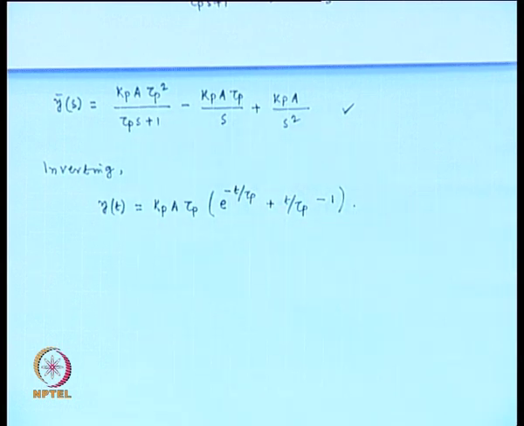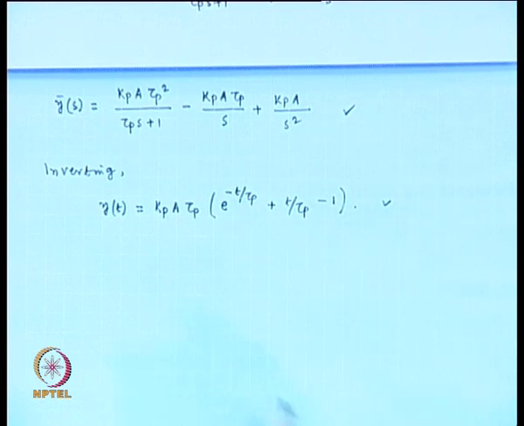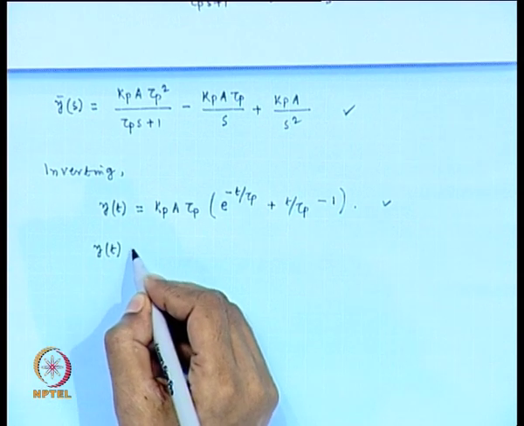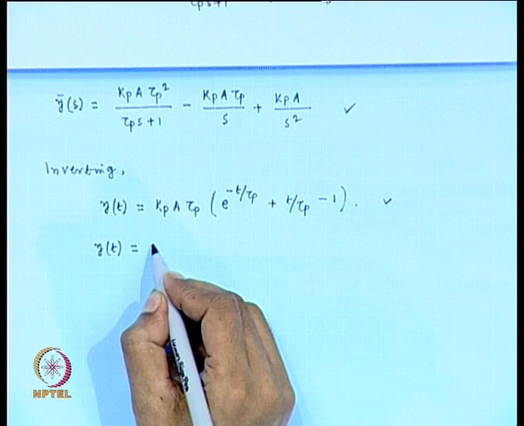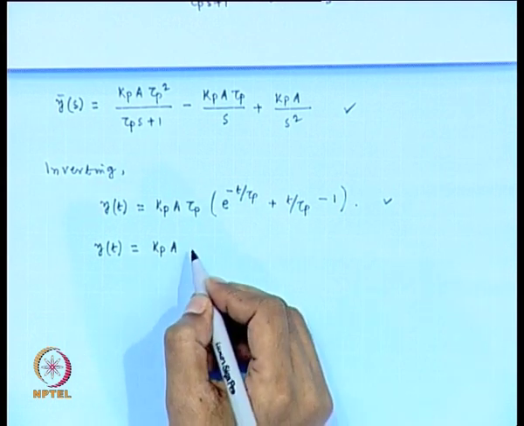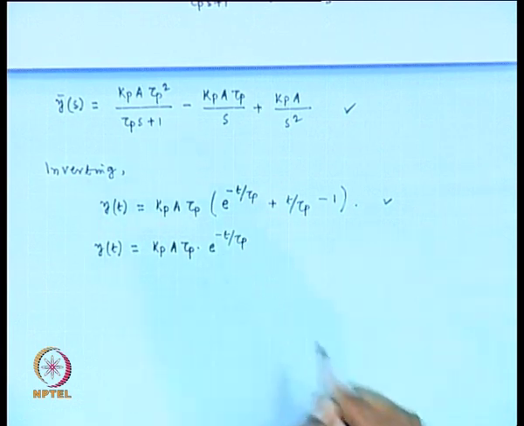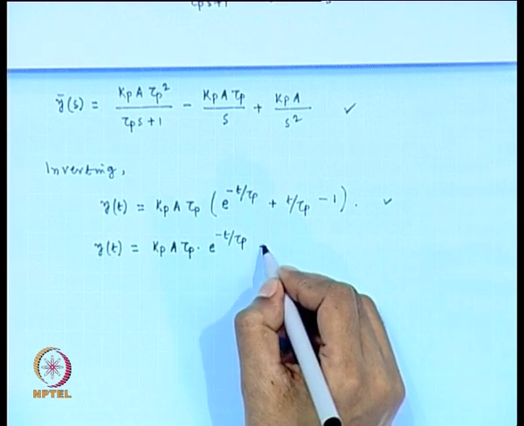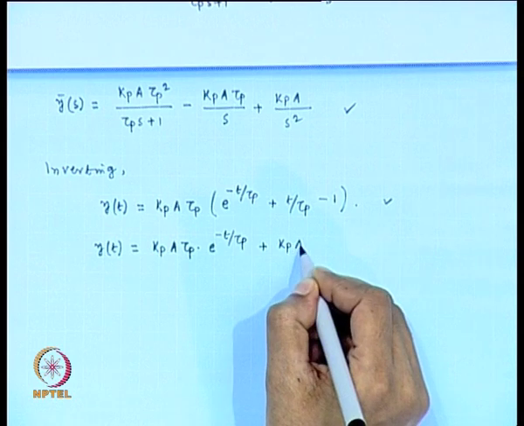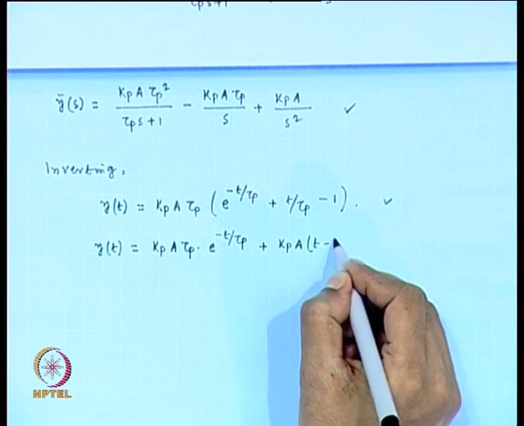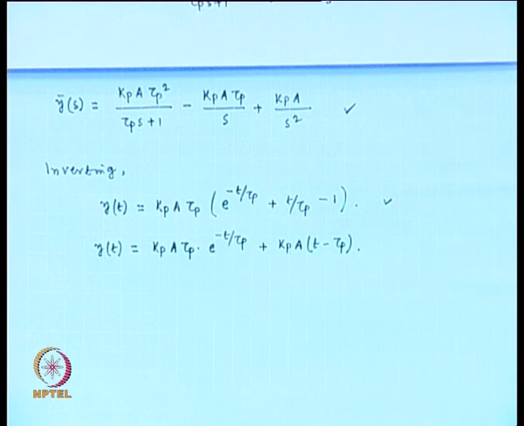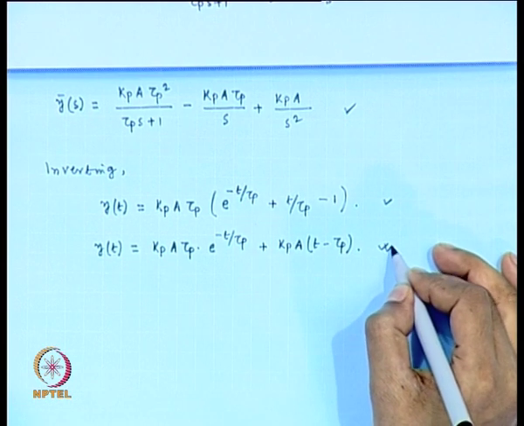Taking the inverse Laplace transform, we get this form in time domain. If we rearrange this equation, we get K p a tau p exponential of minus t divided by tau p, plus K p a times t minus tau p. Rearranging this equation, we get this form.